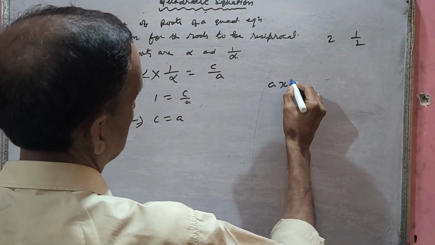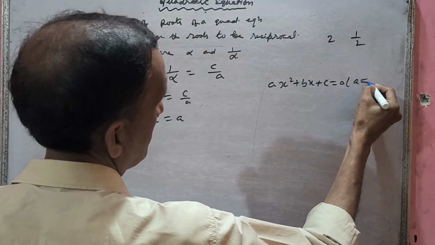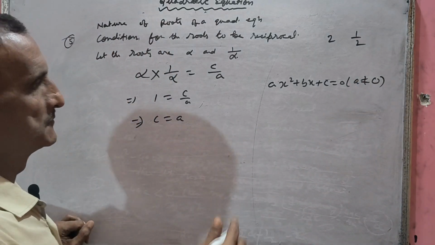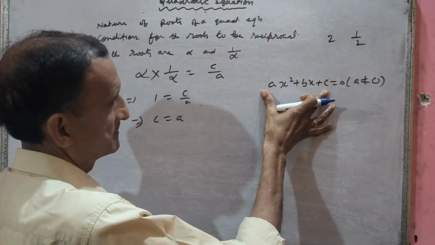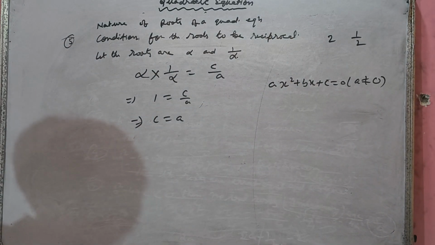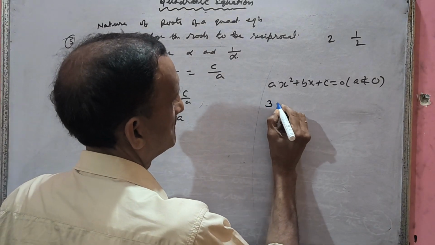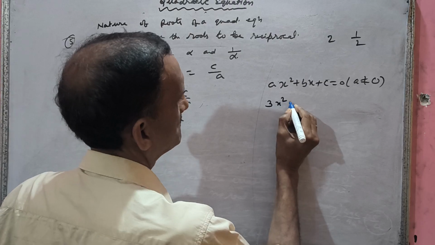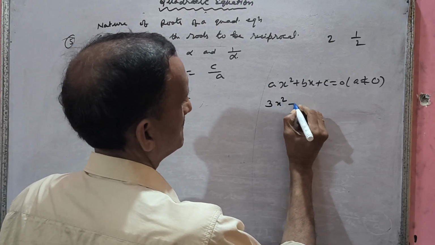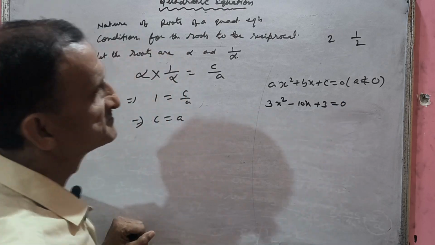Understood? I am talking about the general form. If both c and a are equal, then roots will be reciprocal to each other. See here, 3x square minus 10x plus 3 equal to 0.